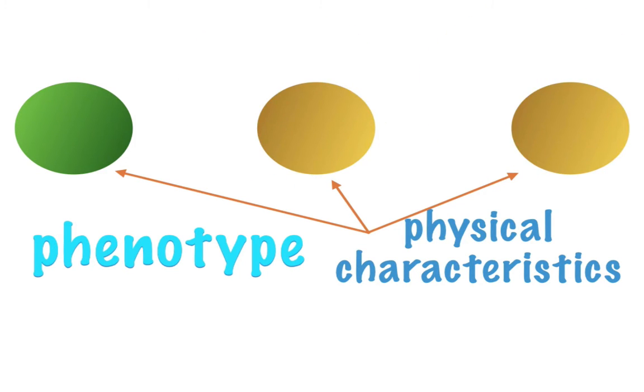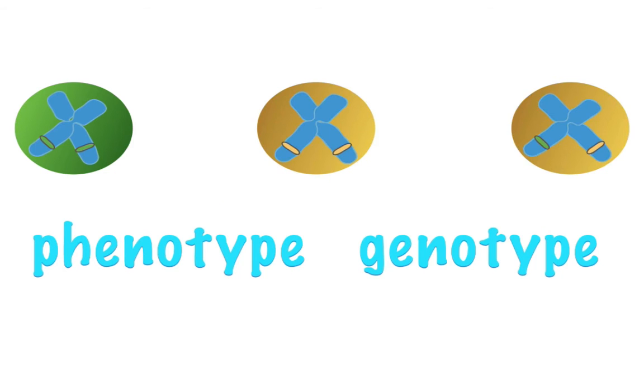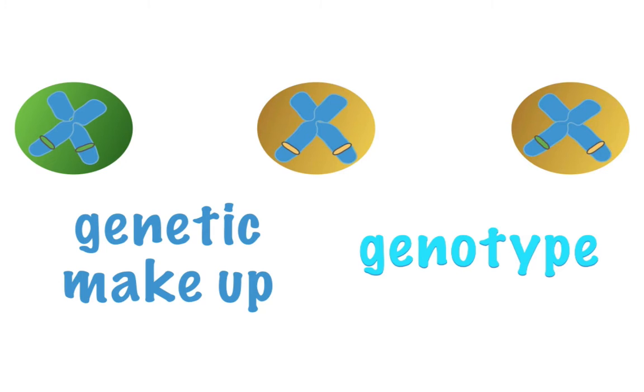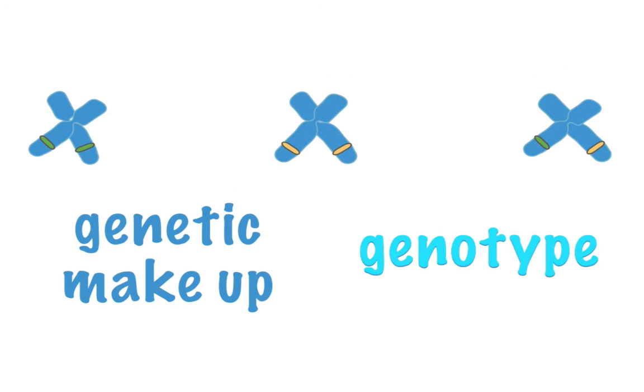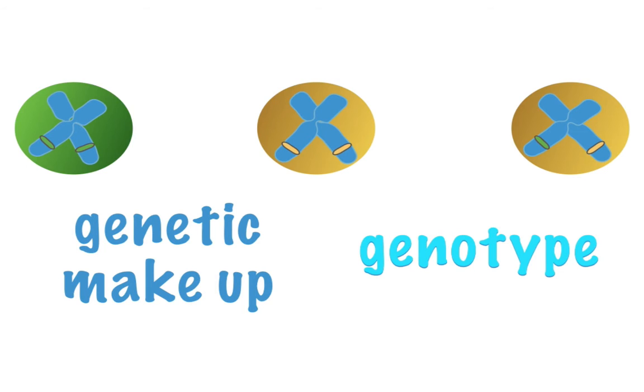Now if we're going to discuss why they have that physical appearance, well, now we can look at the genotype. Now we're looking at the actual allele makeup, the genetic makeup. So we can actually ignore the color, or the actual physical characteristic, because when we look at the physical characteristic, we can't necessarily tell what the genotype is, right?